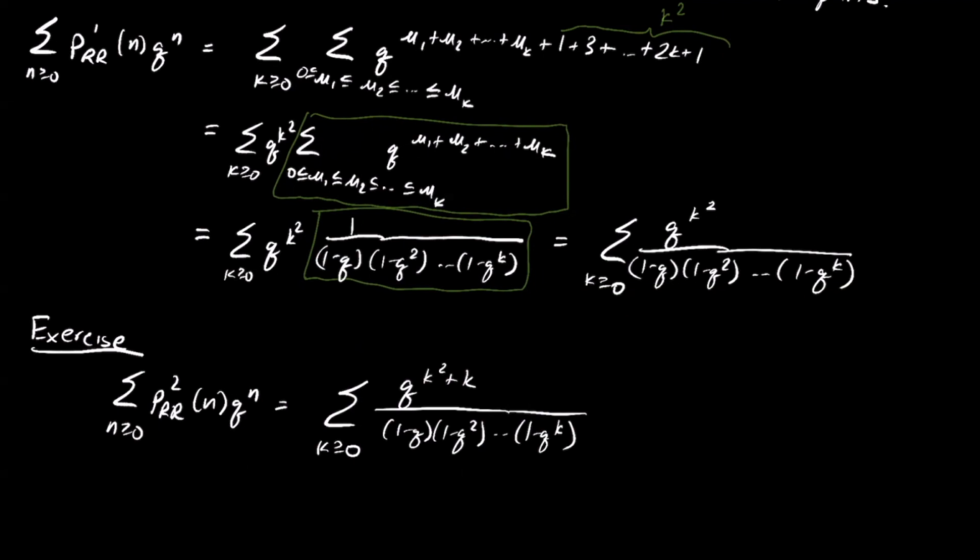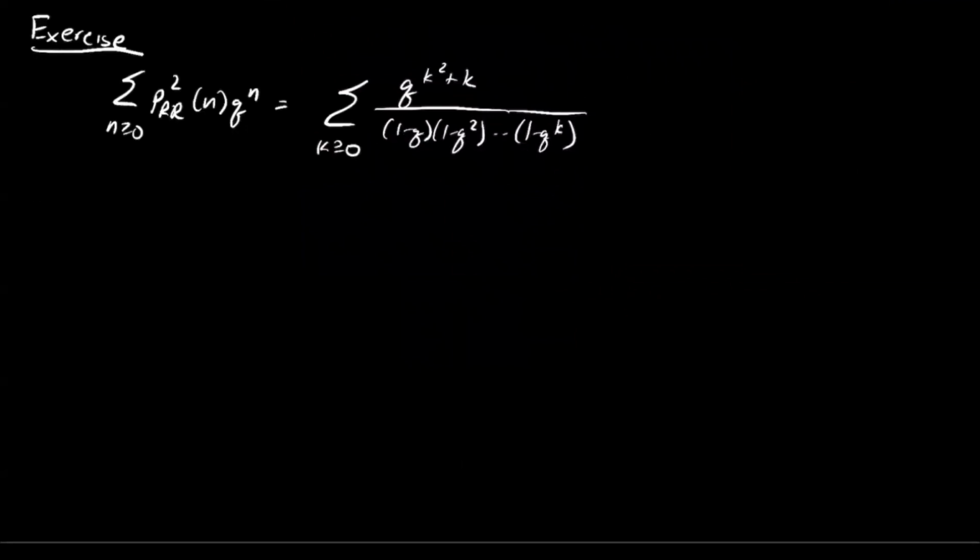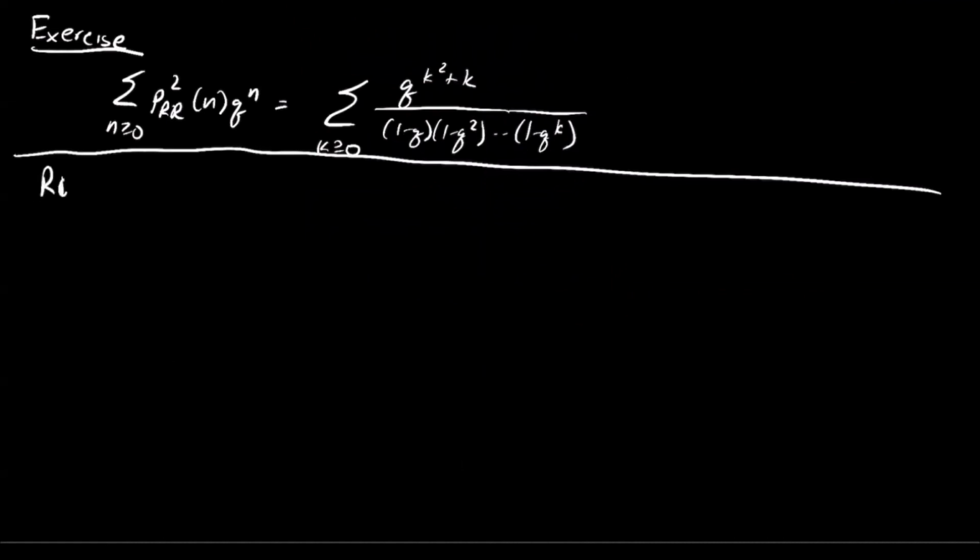So at this point, you might be asking, well, where are the Rogers-Ramanujan identities? Well, the Rogers-Ramanujan identities actually are related to these generating functions. So let's write out what the Rogers-Ramanujan identities are.